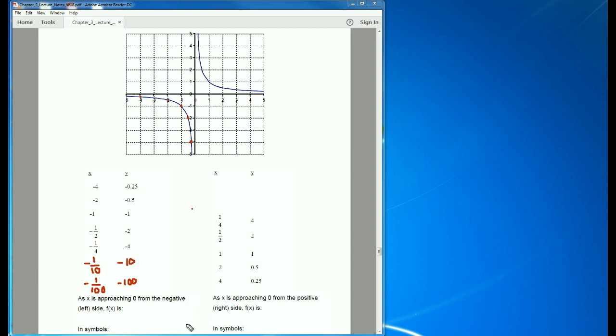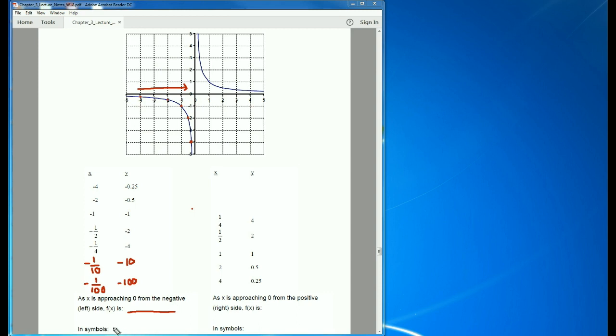Okay. So what's happening on the graph now is I'm extremely close to 0 and I'm way, way down here on the graph. So in general, as x is approaching 0 from the negative side, in other words, as I'm moving this way towards 0 from the negative or the left side, f of x is decreasing without bound. Or in other words, it is approaching negative infinity. Okay?